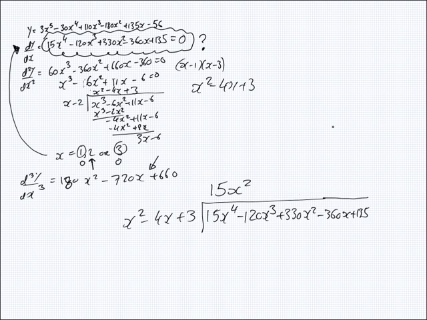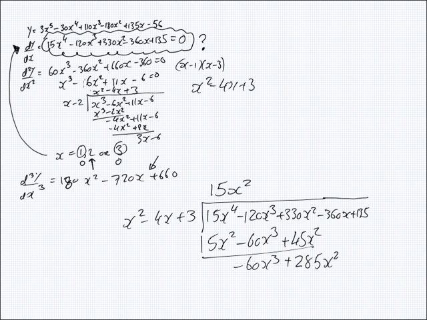Alright. Okay, 15x^4 minus 60x cubed plus 45x squared minus 60x cubed. What's this now? Plus 285? Is that right? Yes. So what's next? Minus 60x.